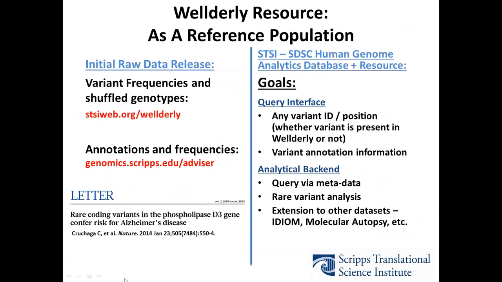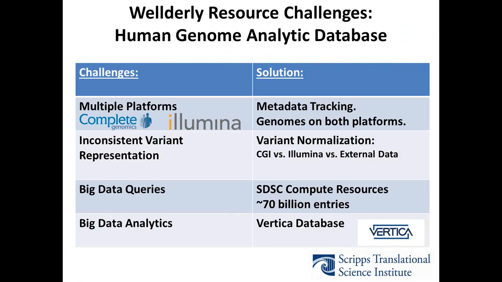And the data has been used in at least one publication so far, showing that the Wellderly have a decrease in the frequency of this mutation that's been identified as a risk for Alzheimer's disease. I'm going to skip over too much of the detail of this web server database that we're building.